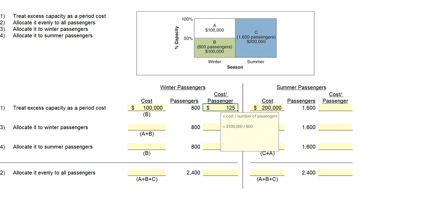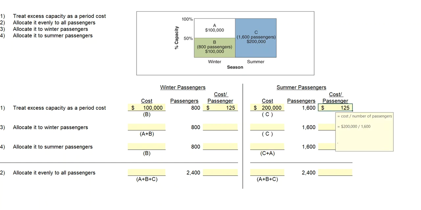The cost of the summer passengers, the $200,000, is allocated directly to the summer passengers, and with 1,600 passengers, we would have a cost per passenger of $125 as well. If we treat the excess capacity as a period cost and then determine prices based on our product costs, you can see we would probably end up underpricing our summer flights and perhaps overpricing our winter flights.